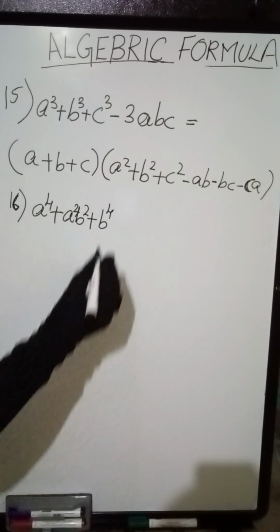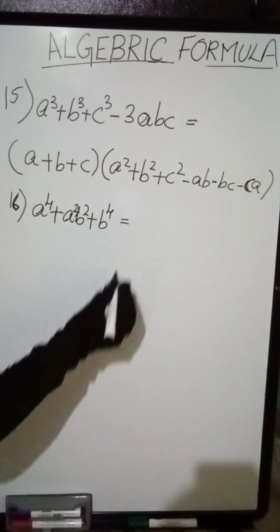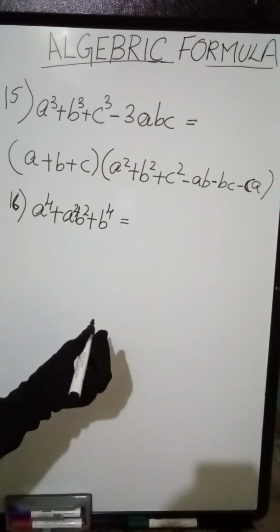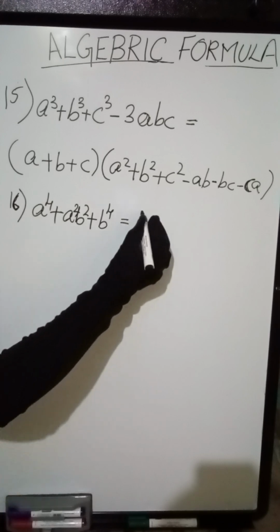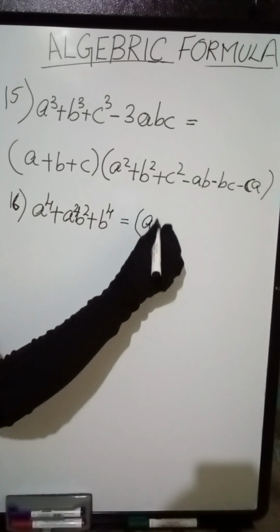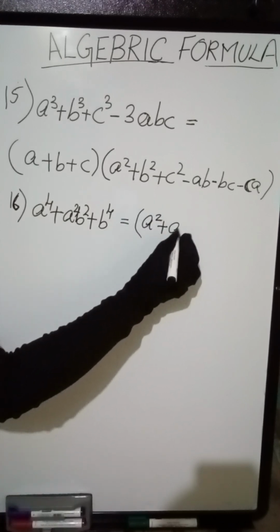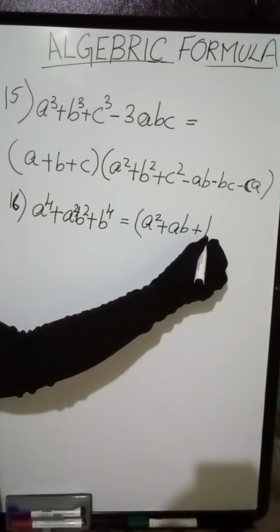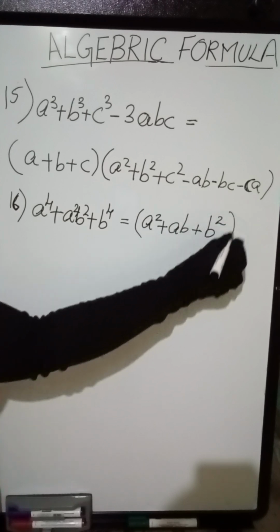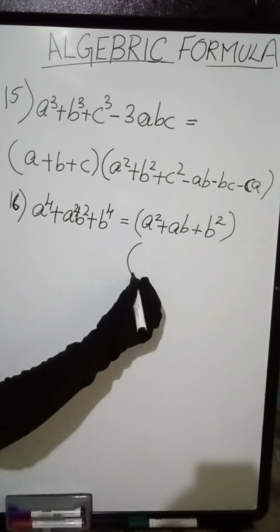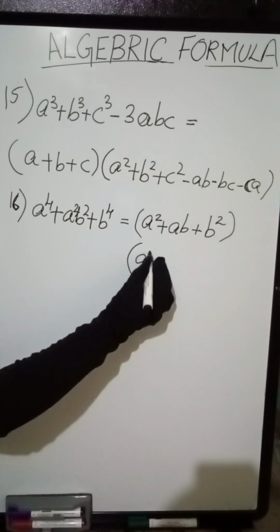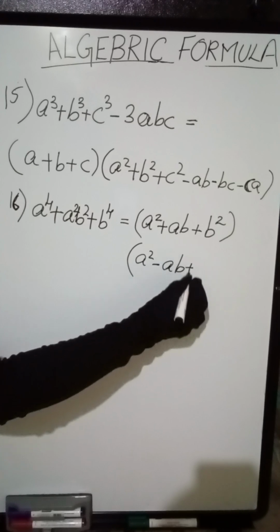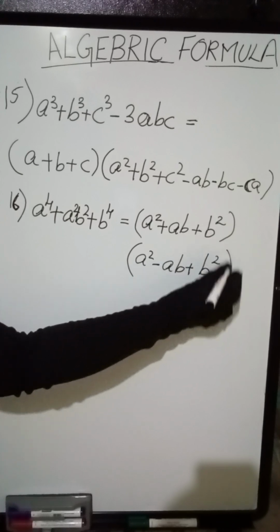The formula for this will be a square plus ab plus b square into a square minus ab plus b square.